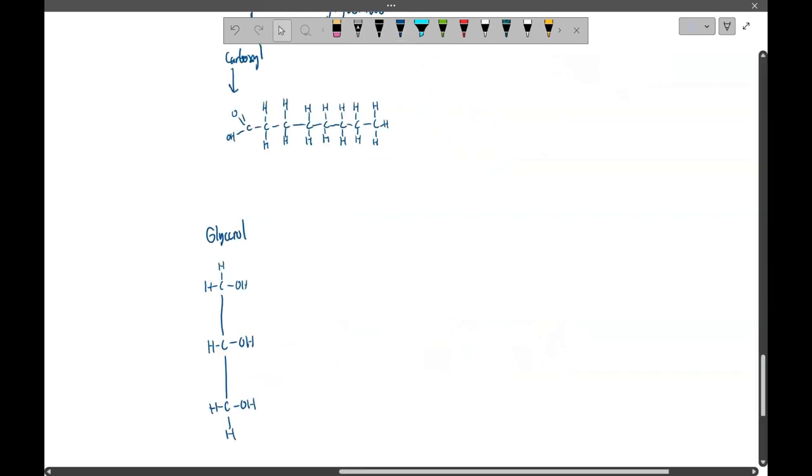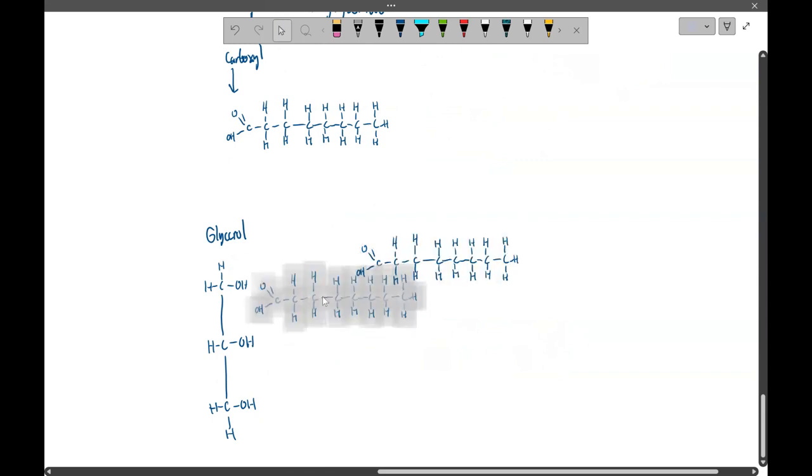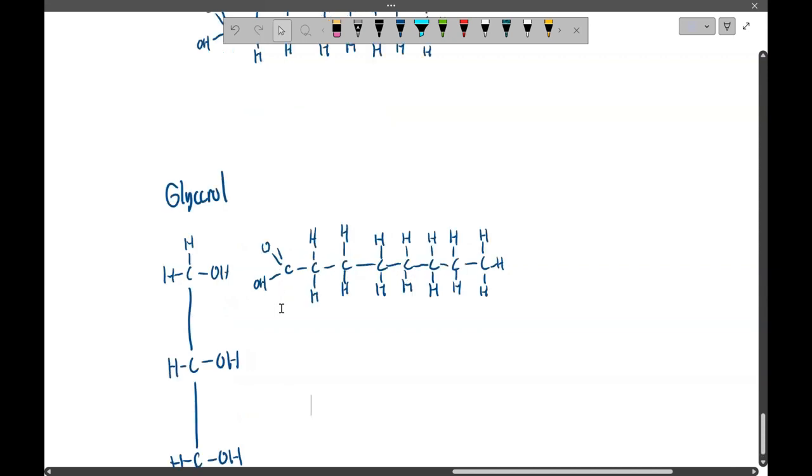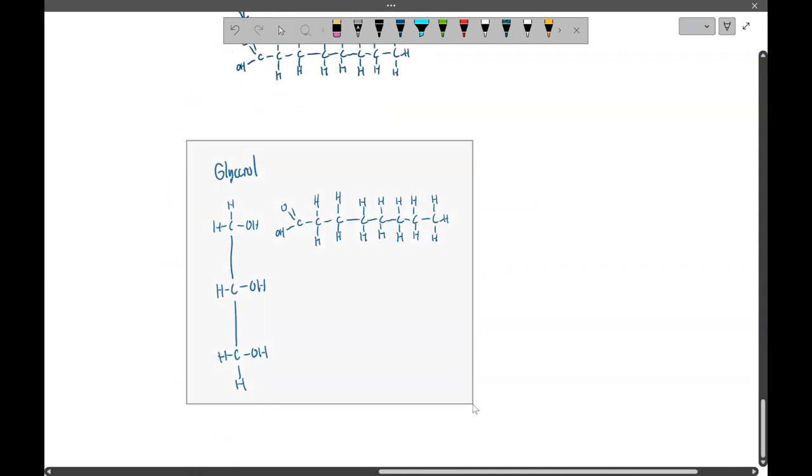Okay, and let's see how this forms a triglyceride. So I'll copy the fatty acid over. And I'll make another copy of this drawing, so I'm going to be able to show you a step-by-step.